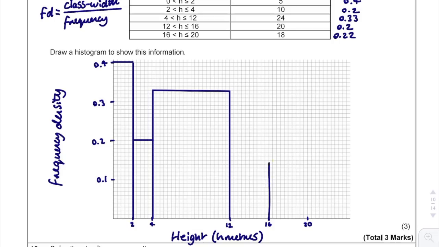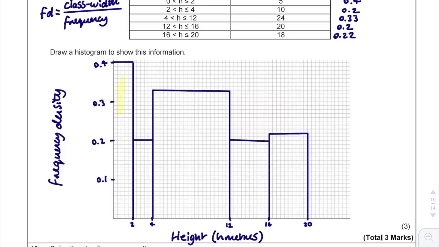So 0.2 is going to take us up to here. And then we can connect these two. And then the next one has a height of 4 meters and a frequency density of 0.22. So that one is actually going to bring us up to there. So that is what our histogram looks like.